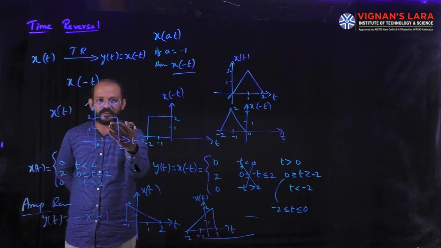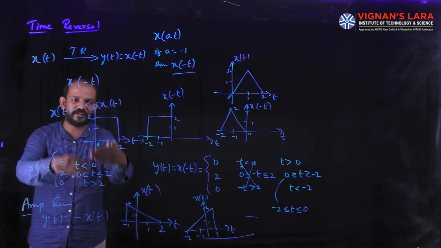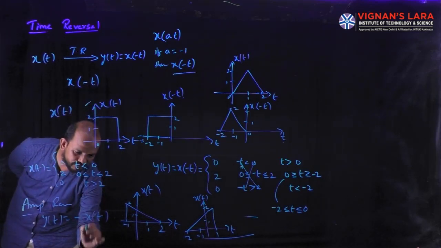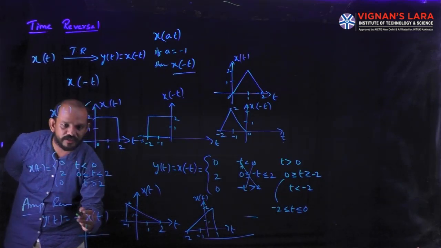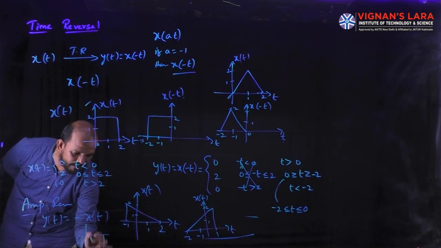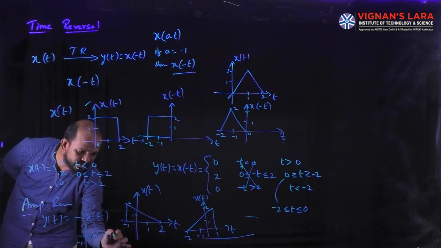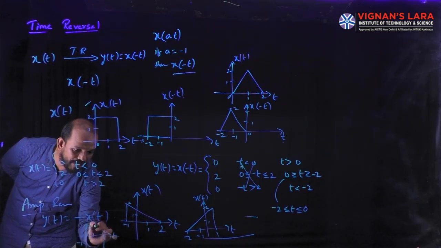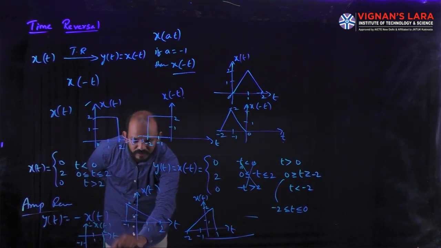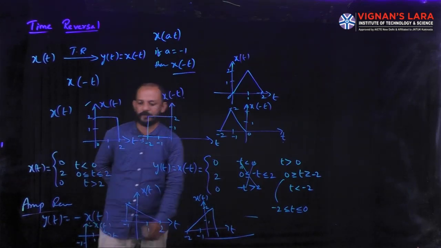So this is x of t. Minus x of t: 1 becomes minus 1, 2 becomes minus 2. So the signal will be like this. Minus 1, minus 2, 1, 2. This is t and this is minus x of t. Simple logic.